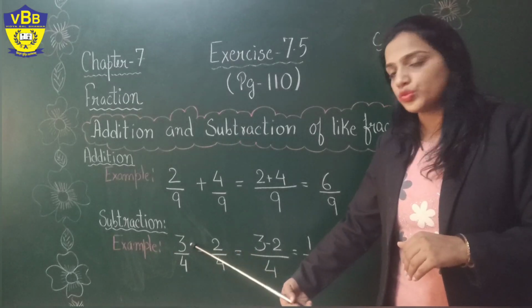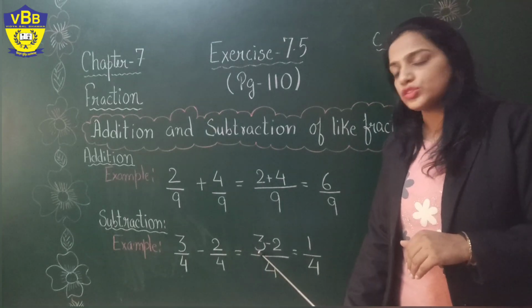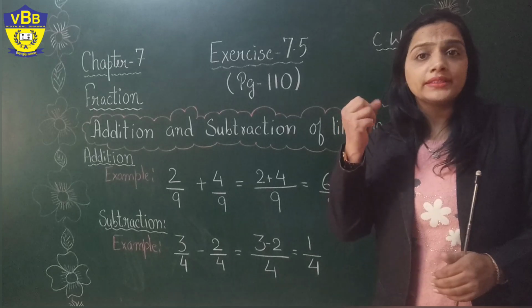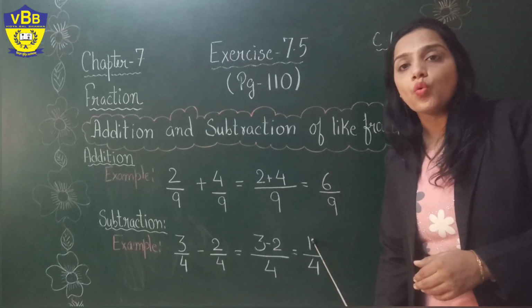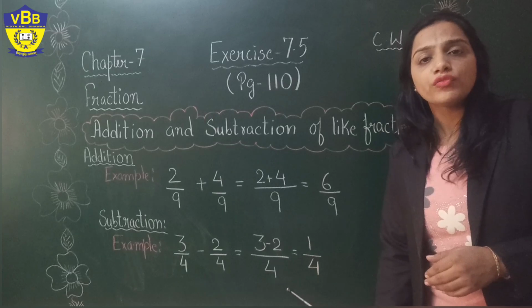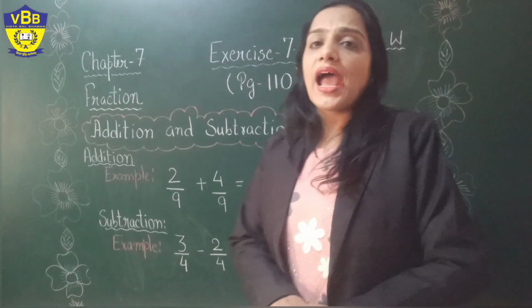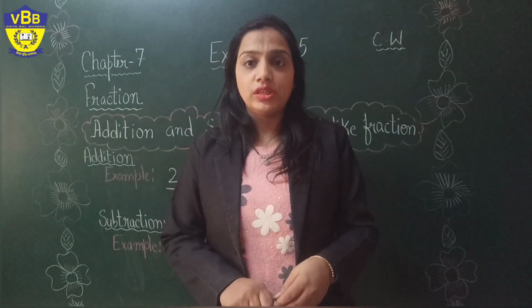Here we have 3 and 2 in the numerator. So 3 minus 2. What will come? It is 1. So 1 by 4. This is the way we will do the addition and subtraction of like fractions.